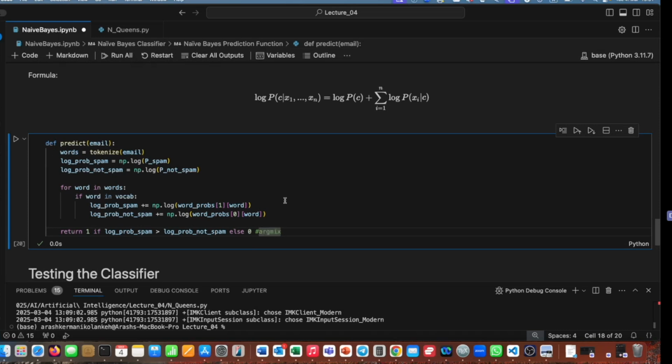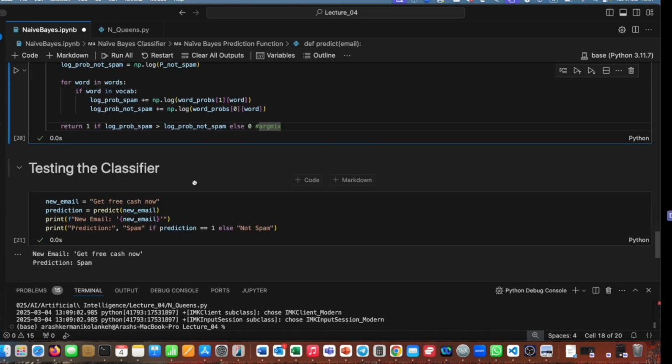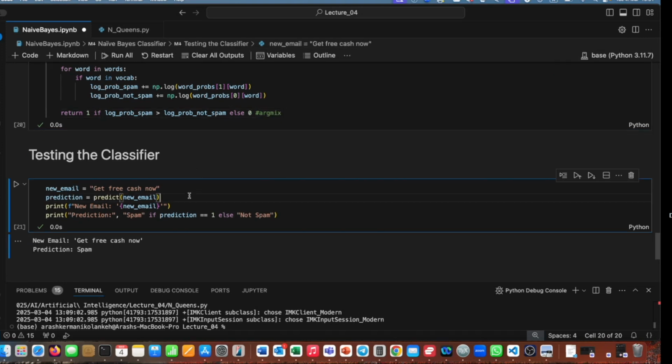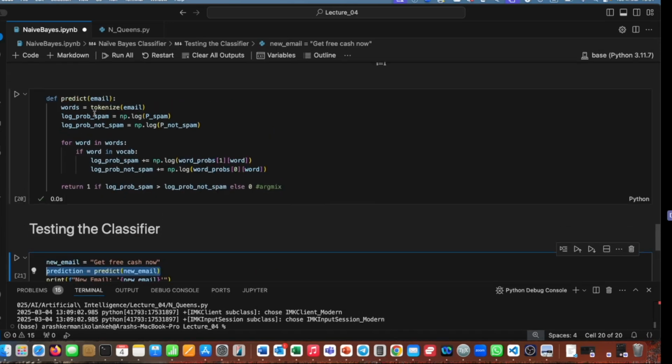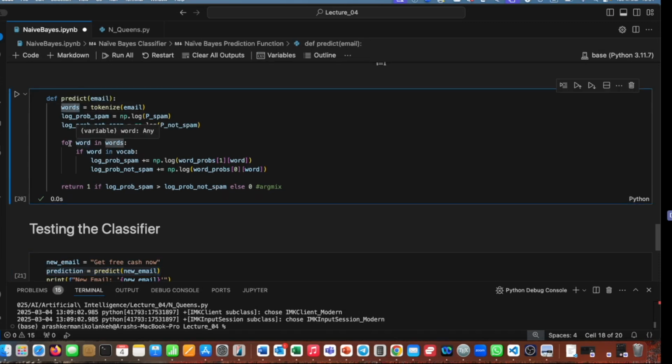You have had this code, but now it's mixed with the test. And now we want to test the classifier. Up to now, we were talking about training the classifier. You have a new sentence. You pass it to predict. The words come out, and then you go over those words.